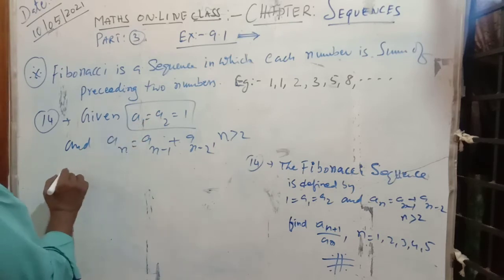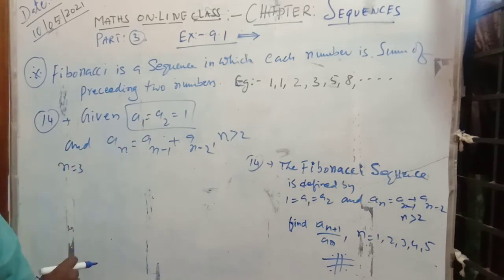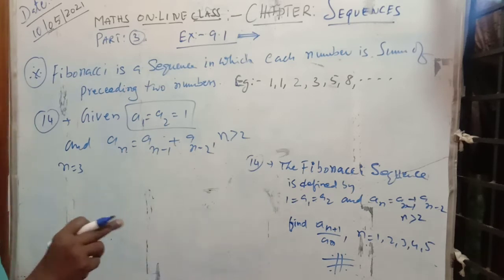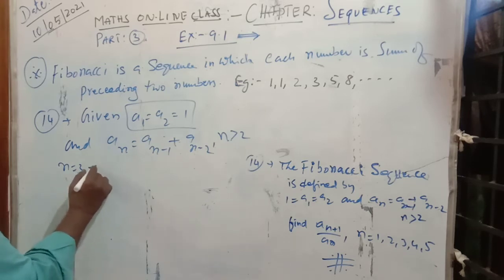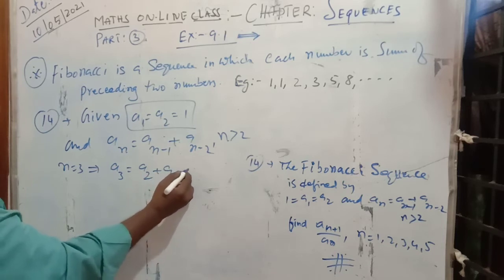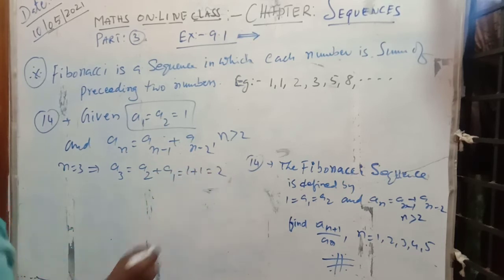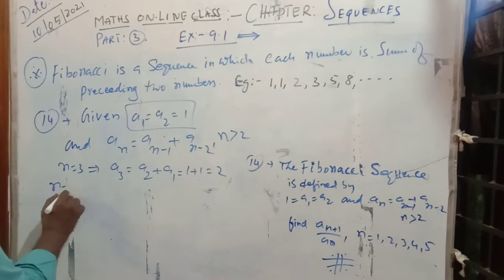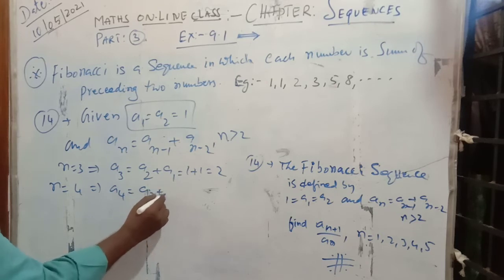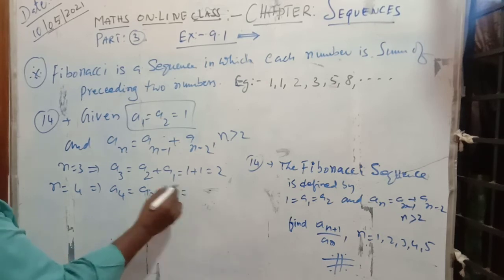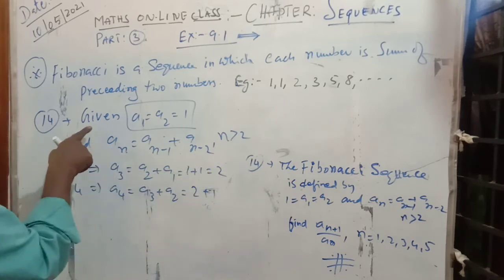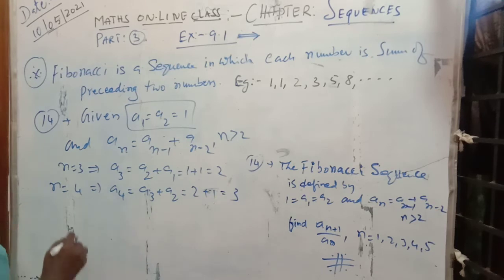Now here n is equal to 3, because we have to find 1, 2, 3, 4, 5. N is equal to 3 means A3 is equal to A2 plus A1. That is 1 plus 1, 2. N is equal to 4. A4 is equal to A3 plus A2. A3 is already there, 2. A2 is there, 1. It is 3.